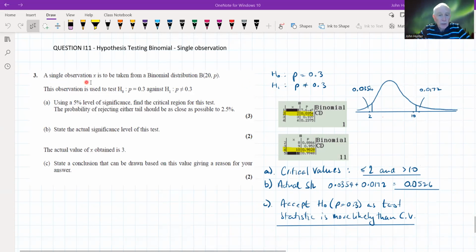A single observation X is to be taken from a binomial distribution, which is binomial 20 trials, probability of P. Now, this question, for starters, is a little bit faulty, really. The process that we use is that we will have a view about the parameters of a distribution.